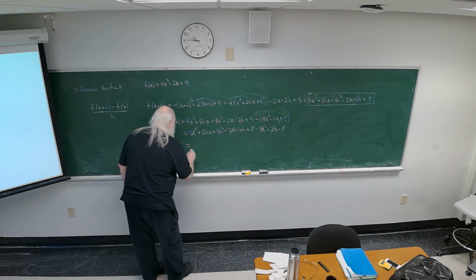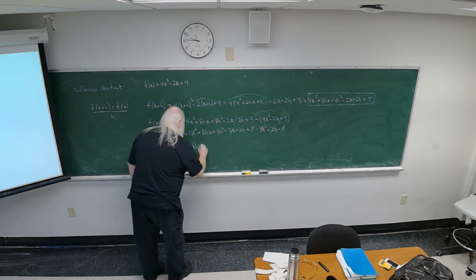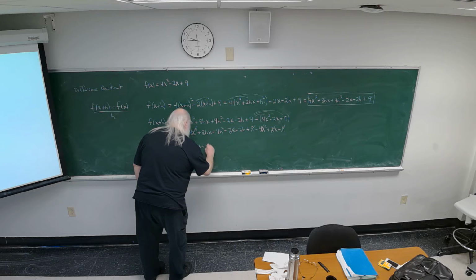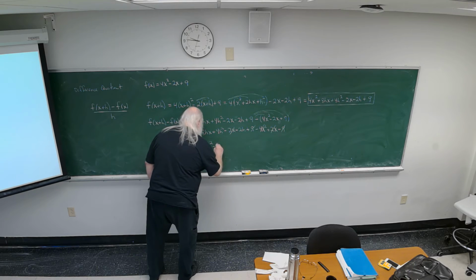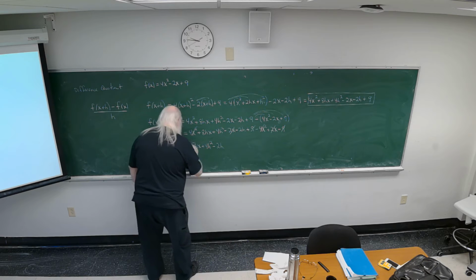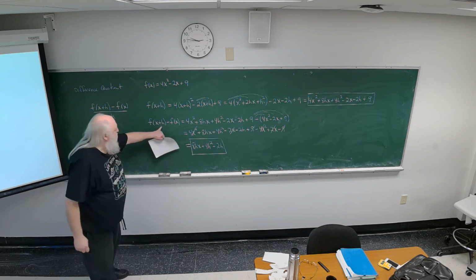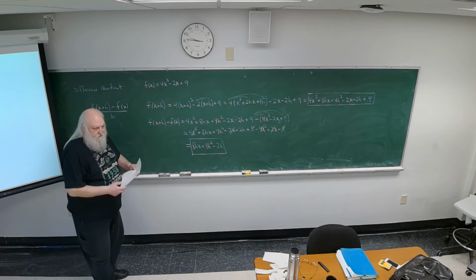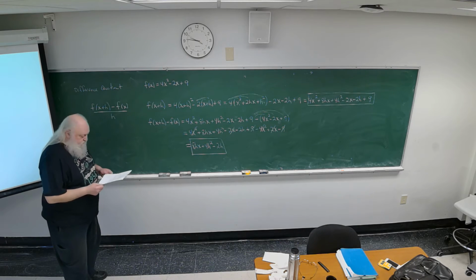So what are we left with? 8hx plus 4h squared minus 2h. That's f of x plus h minus f of x. That's the numerator of the difference quotient. Okay.